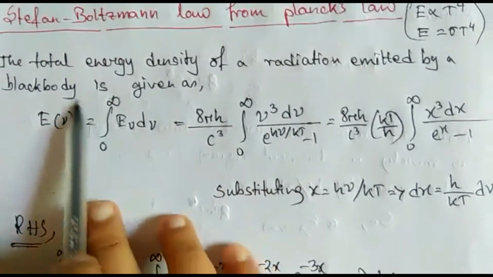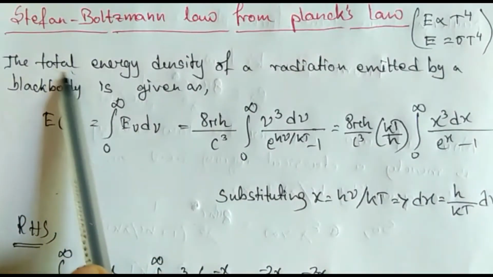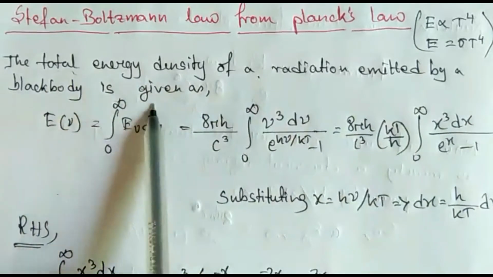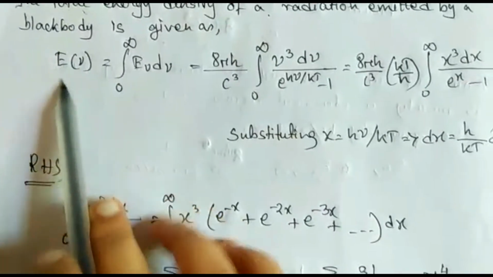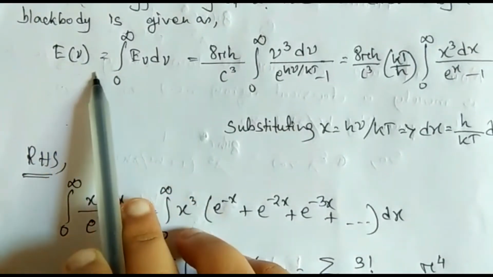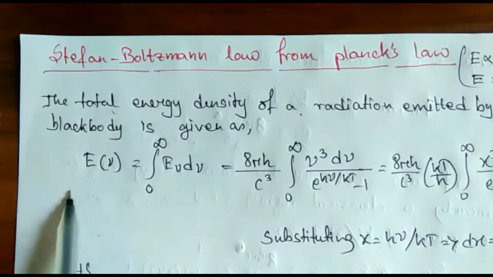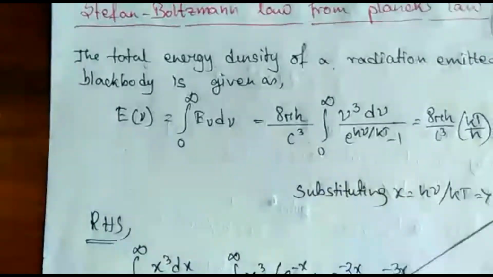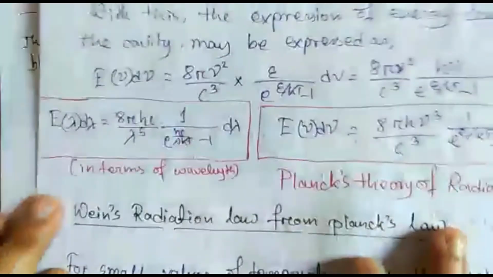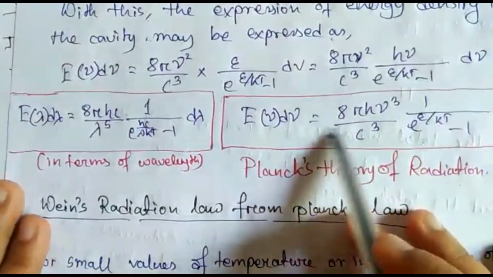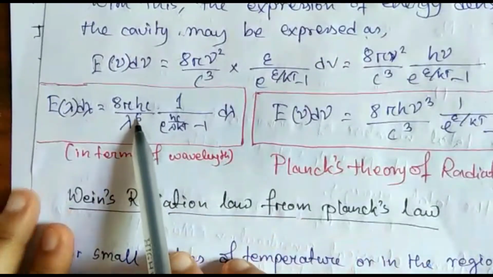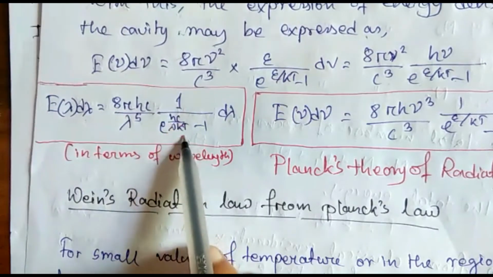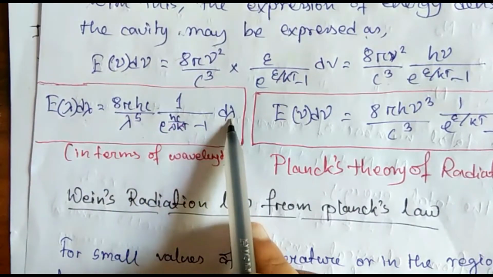Okay, so let's proceed. Here I have written the total energy density of radiation emitted by a black body, which is given as this one. Let me remind you, Planck's formula states that energy density is equal to 8πhc by lambda to the power 5, 1 by e to the power hc by lambda kT minus 1, d lambda.